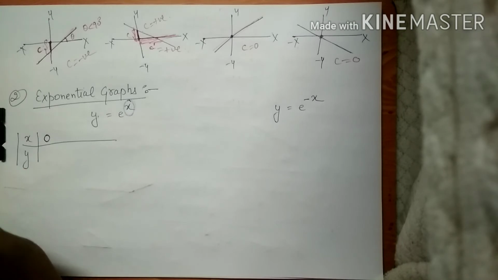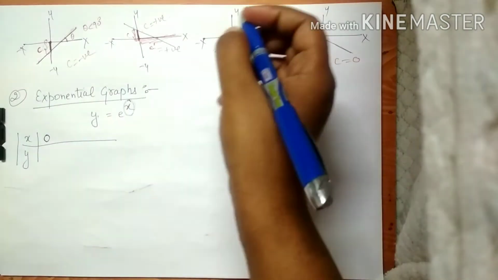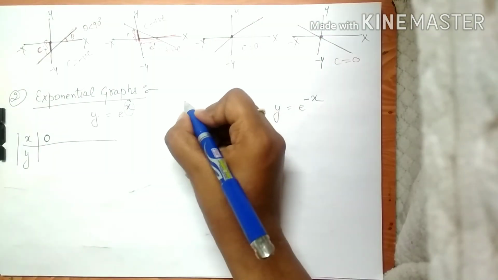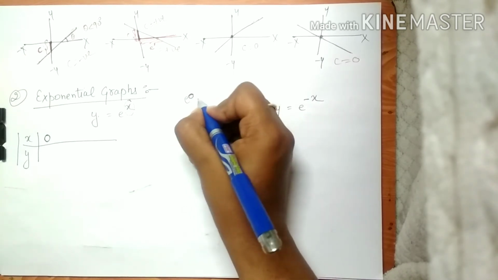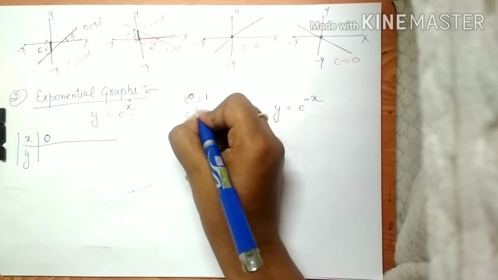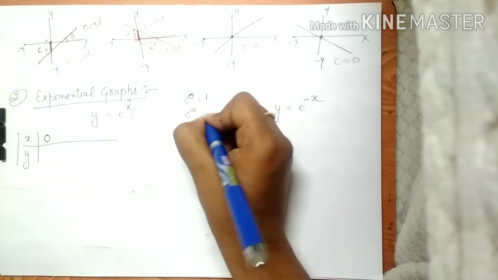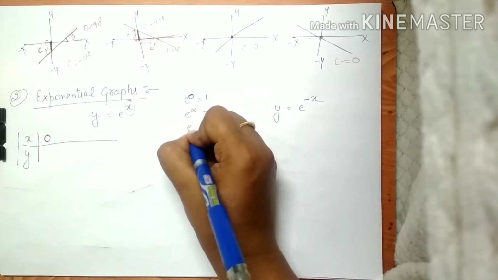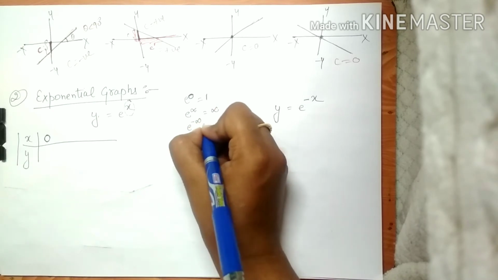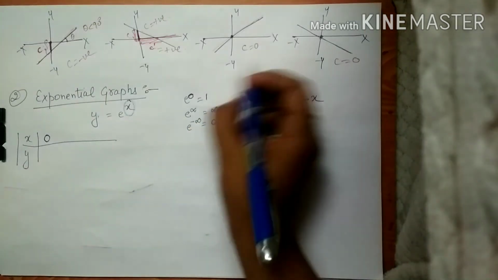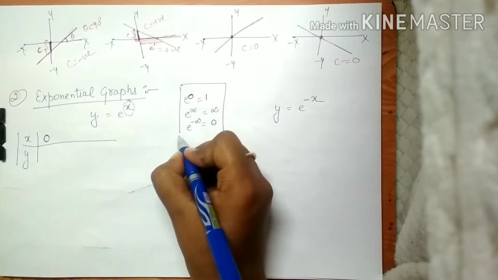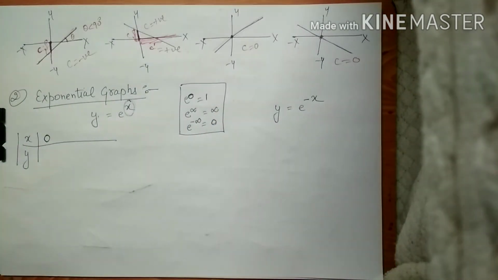Okay, before doing that, you have to memorize 2-3 things, that is e to the power 0 is equal to 1, e to the power infinity is equal to infinity, and e to the power minus infinity is equal to 0. Okay, these 3 things you have to learn.